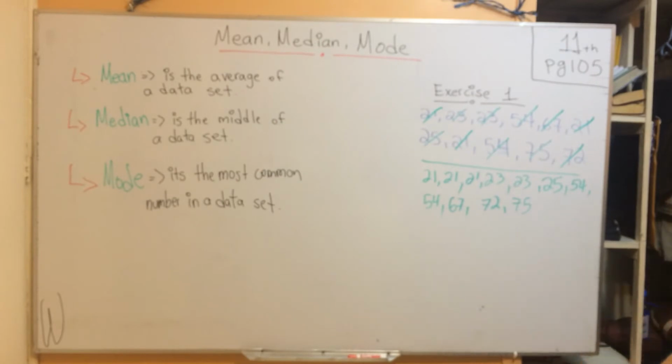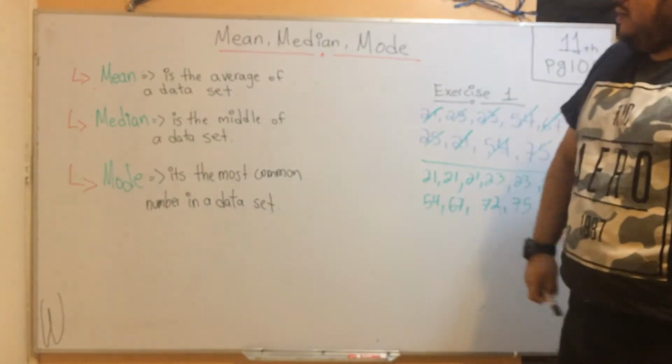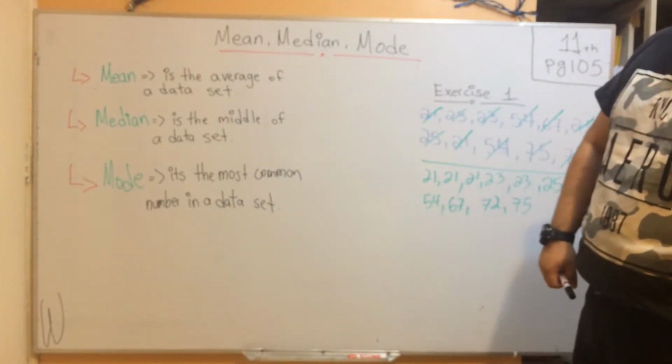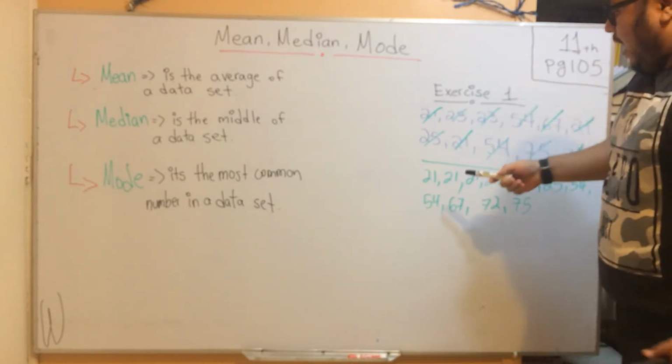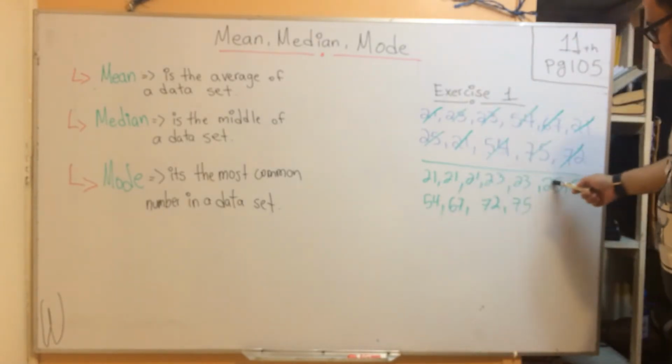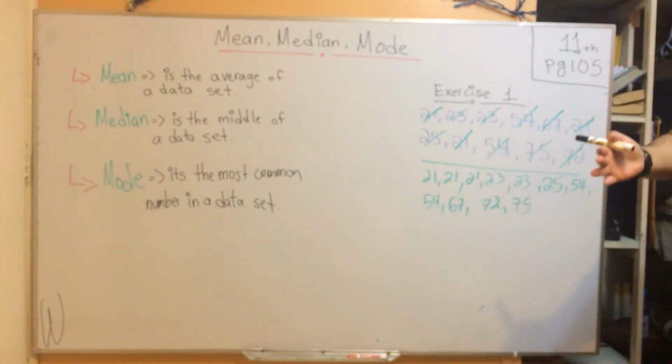Once we already have them in order, we can start talking about mean, median, and mode. Let's talk about the first one. We said the mean is the average of a data set. So when we calculate the average, we need to add all of these numbers, and then divide by the number of data that we have.